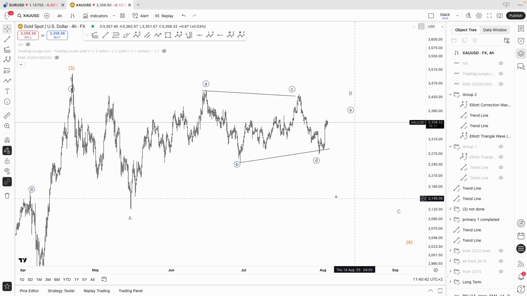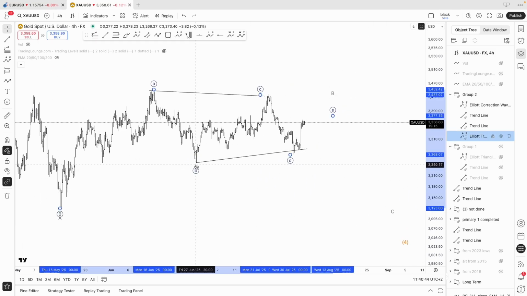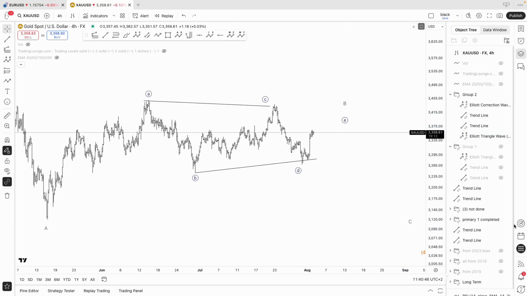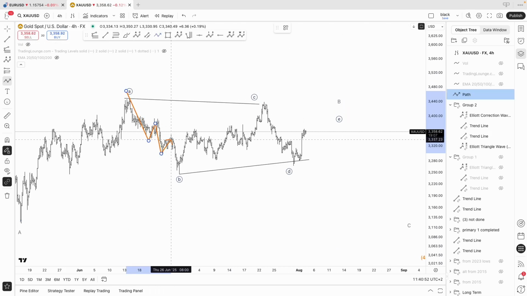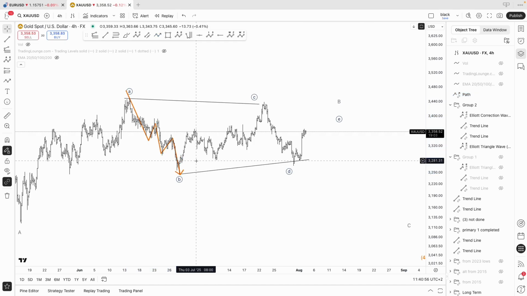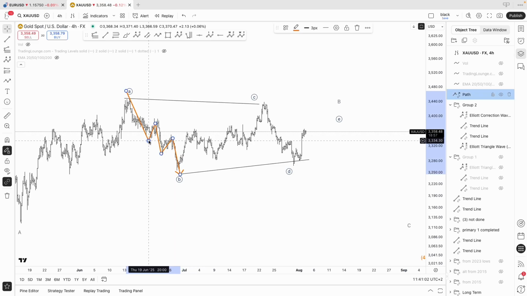So here's a great lesson. You see here, you count 5, right? Note how I didn't say 5 waves. You count 5 swings. But obviously you have invalidation, right?